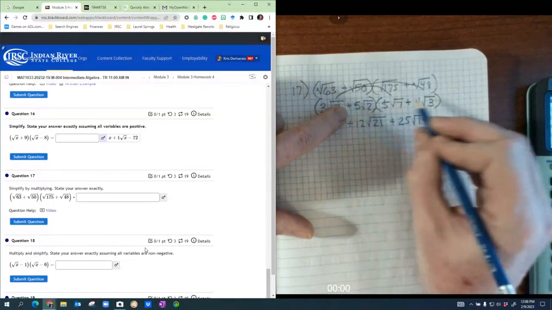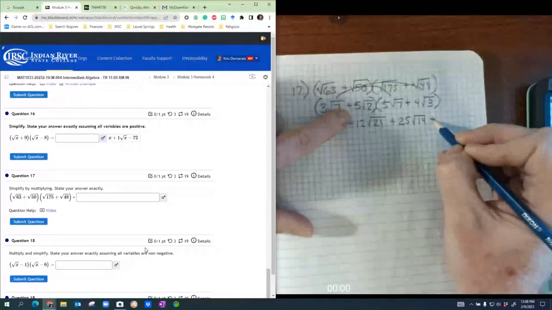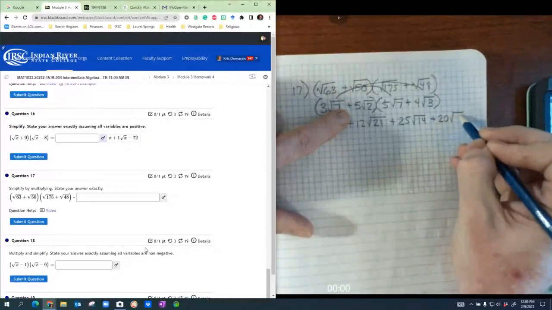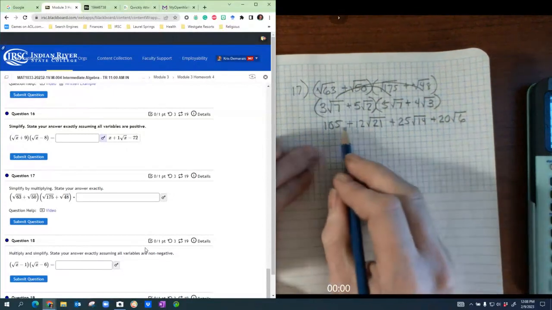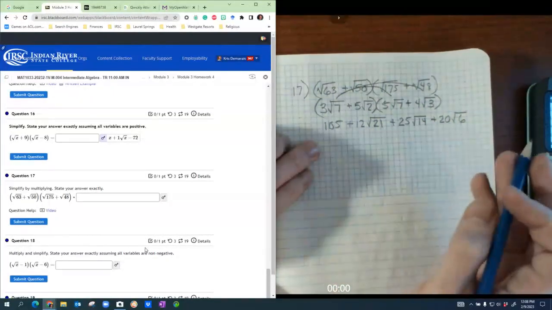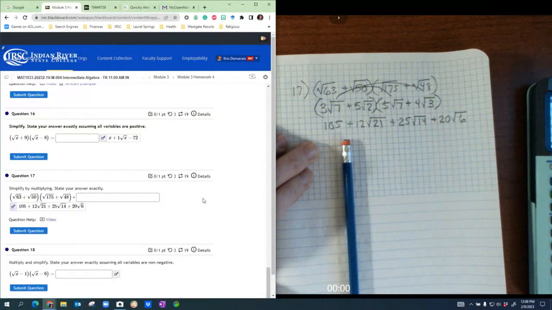And then I'm going to multiply this times this, which gives me 20 radical 6. All right, so now I look at all this, nothing combines together, so this is going to be a long answer, and as we have it, that is the answer I give you right now.